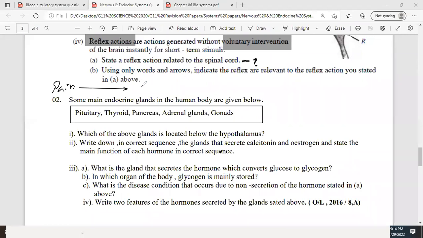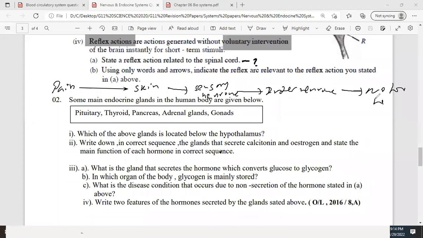Pain, you get the receptor, that is the skin. From the skin you get the sensory neuron that sends the impulse. After that, interneuron. After that, motor neuron. After that, effector. After that, response.